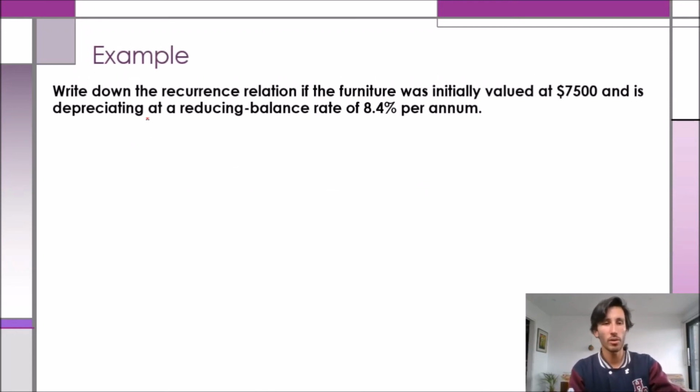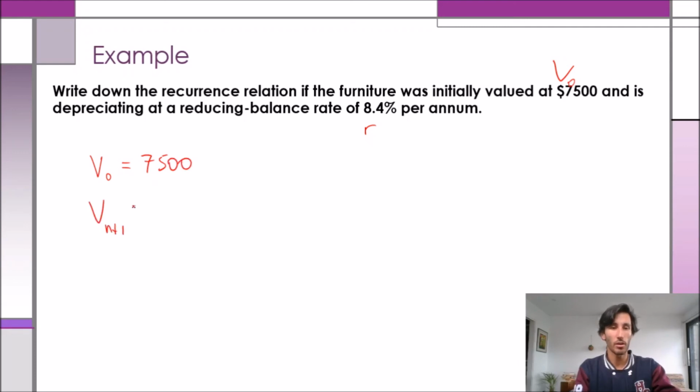Finally, write down the recurrence relation if the furniture was initially valued at 7,500, so we should write here V0 is that, and then depreciating at a reducing balance rate of 8.4% per annum, so r is that. Let's write down the recurrence relation. Okay, we know a recurrence relation always starts with V0, and we can just write that down. And we know that the next line of our recurrence relation always has Vn plus 1.